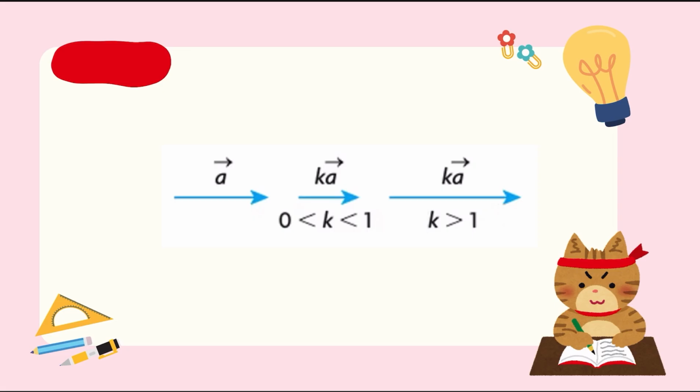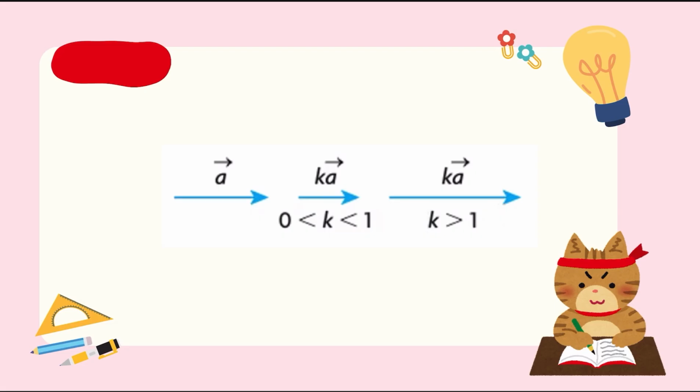For example, we have a given vector a, and if we multiply this vector a by a scalar k which is bigger than 0 and smaller than 1, so we can see k as some fraction like 2 over 3 or 1 over 2, then basically the vector a is shrunk, and k times vector a is smaller than vector a.